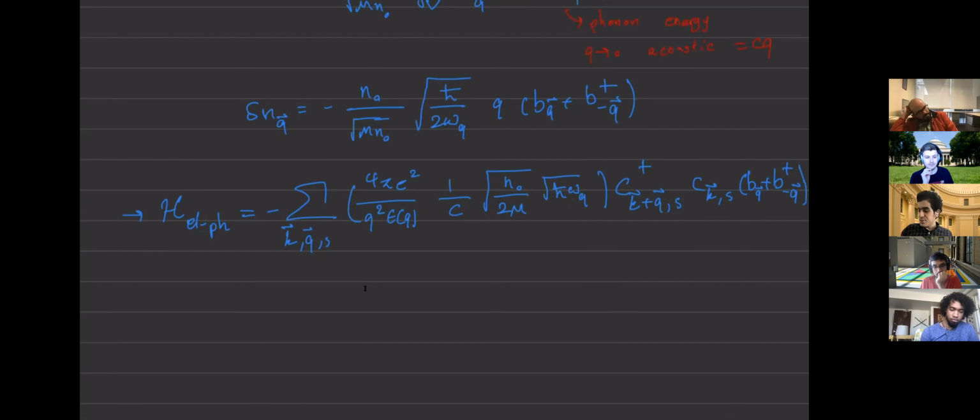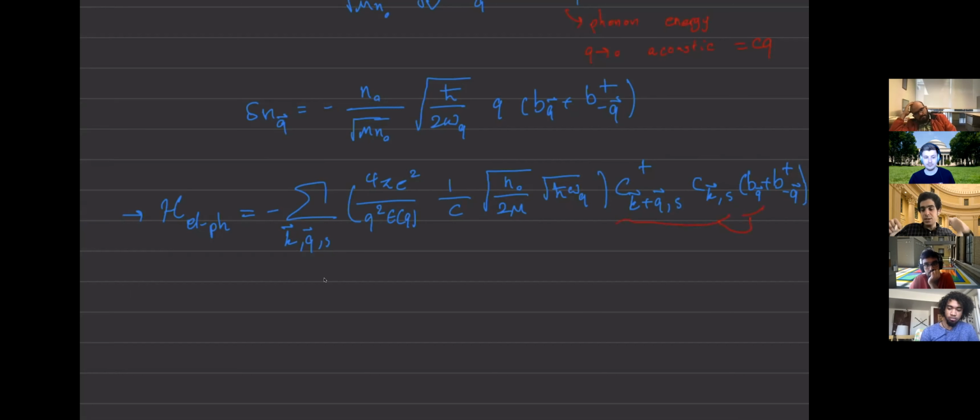So the first one, the one that comes from having b and the electron operators, is having one electron and one phonon annihilating and then another electron going out.